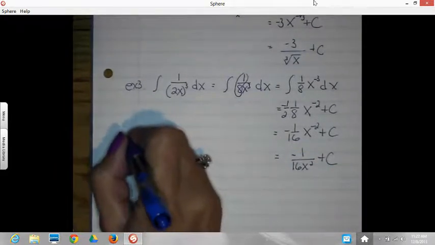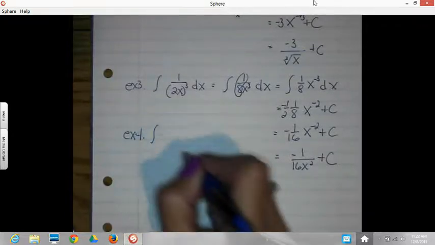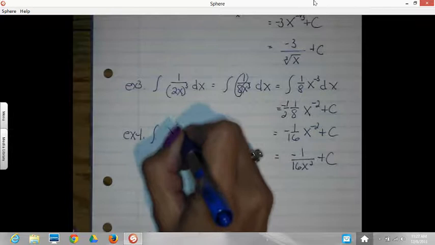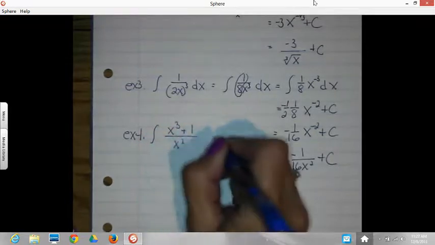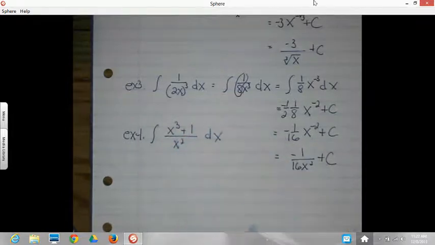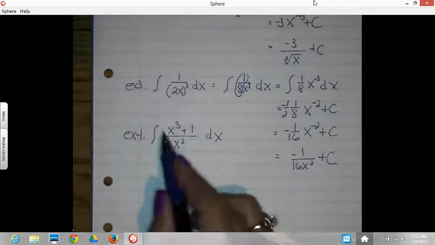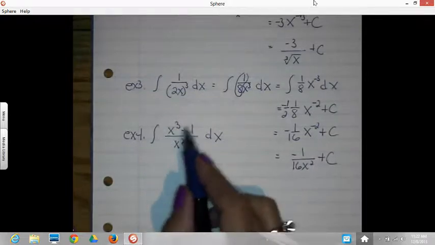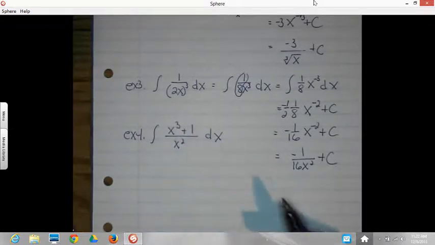I'll start up here. Number 4. x cubed plus 1 all over x squared. Several things you can do here. You can bring the x squared up, multiplying it to the negative, this quantity times x to the -2, or you can distribute this to both terms in the numerator.